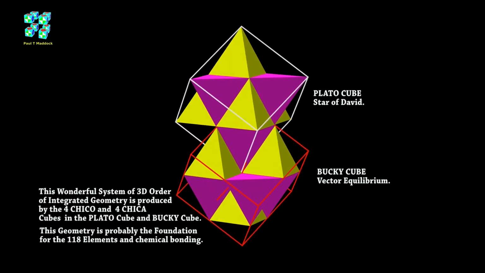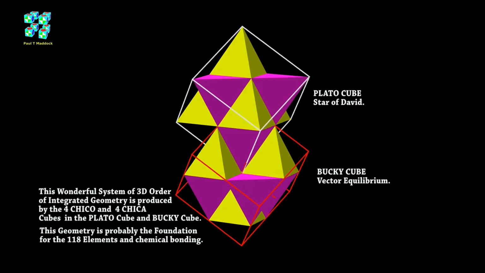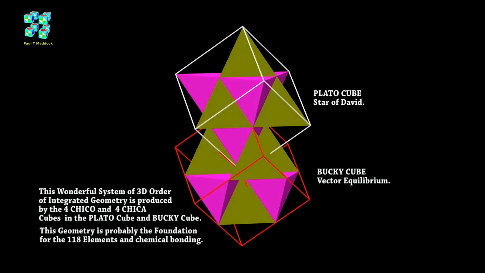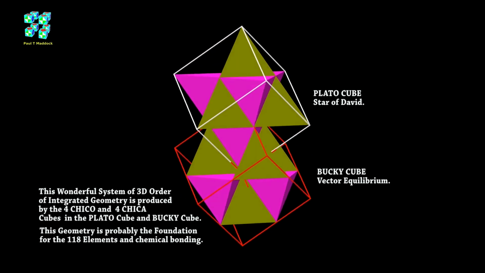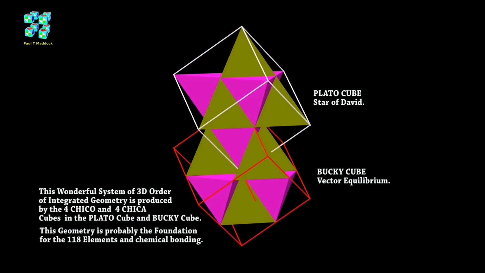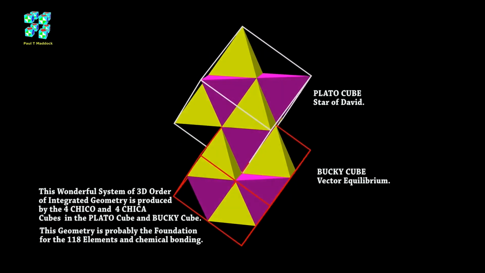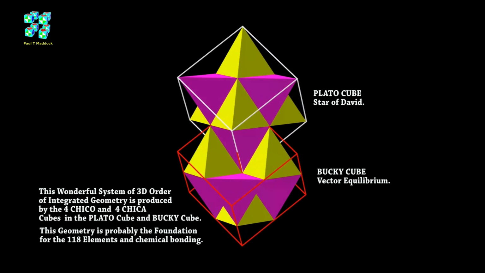And nobody's showing this 3D geometric order, and nobody's taken any interest. I've had a lot of insults from mathematicians because of my work, because they were bragging that they can take chaos into the 8th dimension. That's very useful. Anyways, let's get back to Chico Chica.